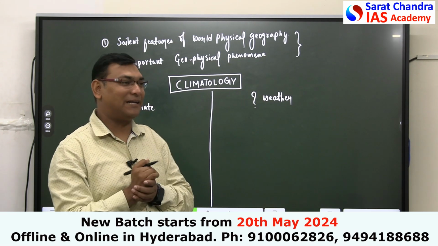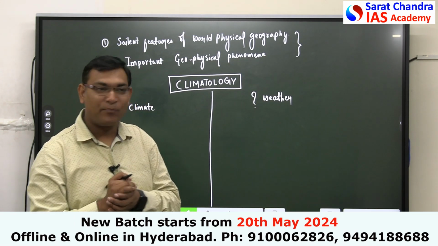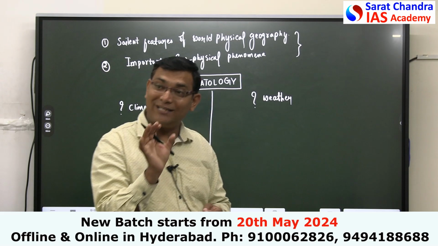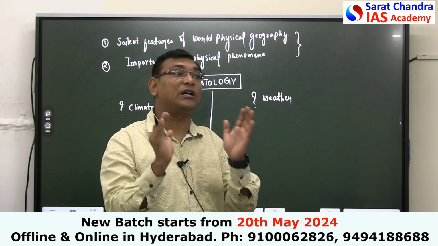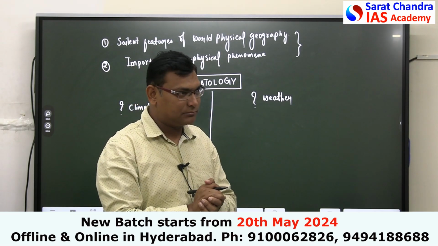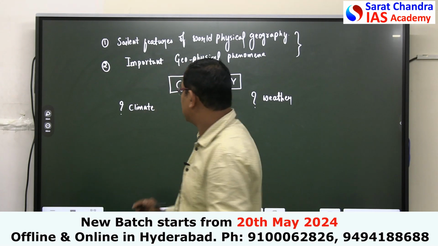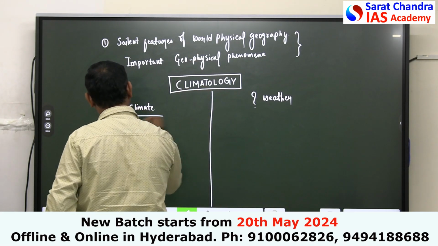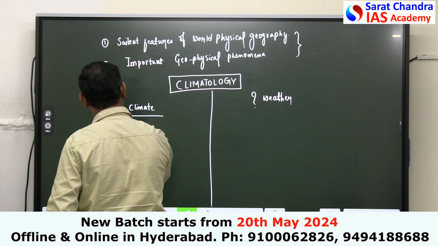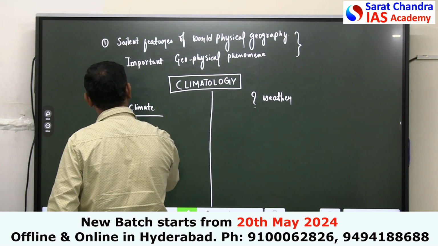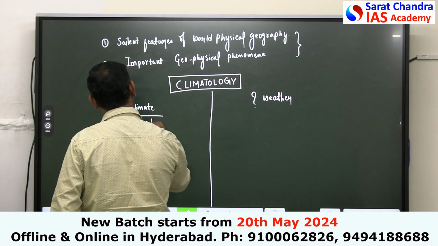But what is climate? Climate is nothing but average weather conditions of 30 to 32 years we take.